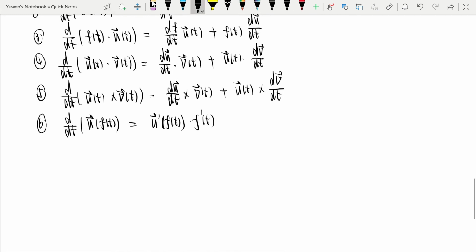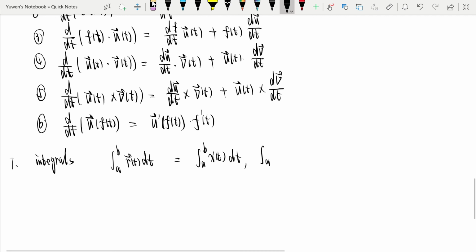And integrals. The integral from a to b of r(t) dt is actually the integral from a to b of x(t) dt, a to b of y(t) dt, and from a to b of z(t) dt.